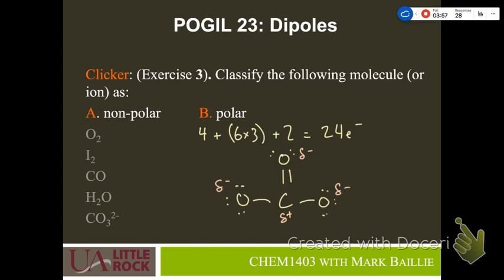From my drawing here, where's the center of the partial negative? If we say, where is the center of all 3 of those, the way I have it drawn here, right above the carbon. So the center of the partial negative is somewhere in this region, somewhere above the carbon. So based off of that, the 2 are not on top of each other, so this is a polar molecule.